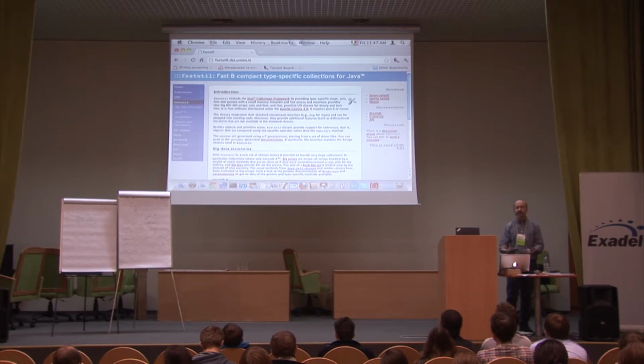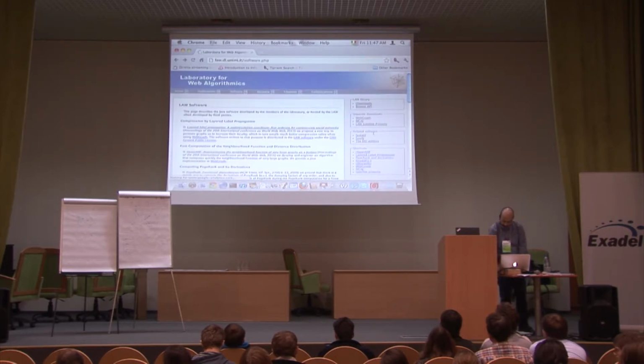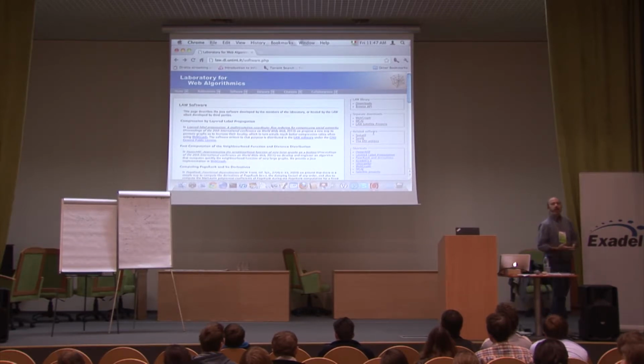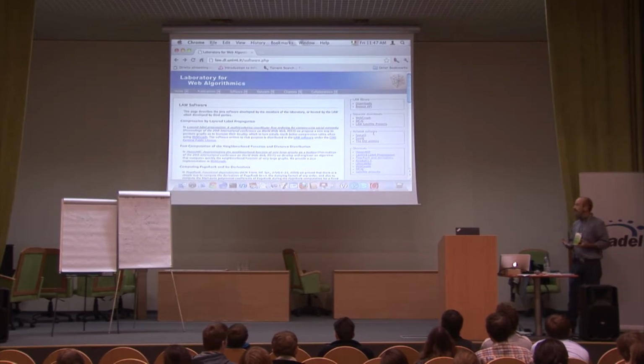Like a set of integers, a set of doubles, maps from integers to doubles and whatever, but implemented in a very time and space efficient way. We use FastUtil at every moment because we are dealing with very large data sets. So we need very fast and very efficient implementations of everything. That's why we started building up our software collection exactly from FastUtil.